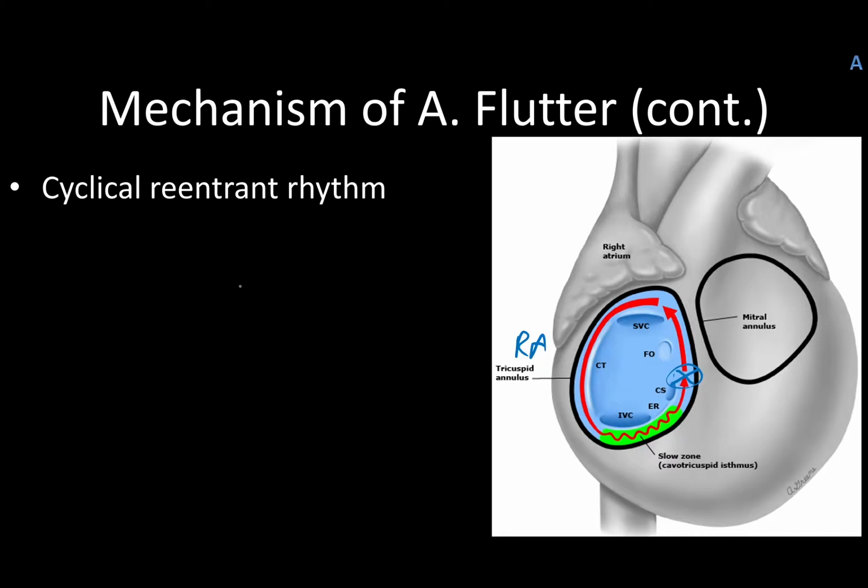And so you wind up with something that looks like this, where you have an initial impulse that travels in a circle around this way. And then just as it arrives, it triggers a second impulse that then travels around. And then just as that one comes around the bend and is able to stimulate and react, the next one loops through. And that's what we talk about, that cyclical re-entrant rhythm, is that it's a self-perpetuating heart rhythm.